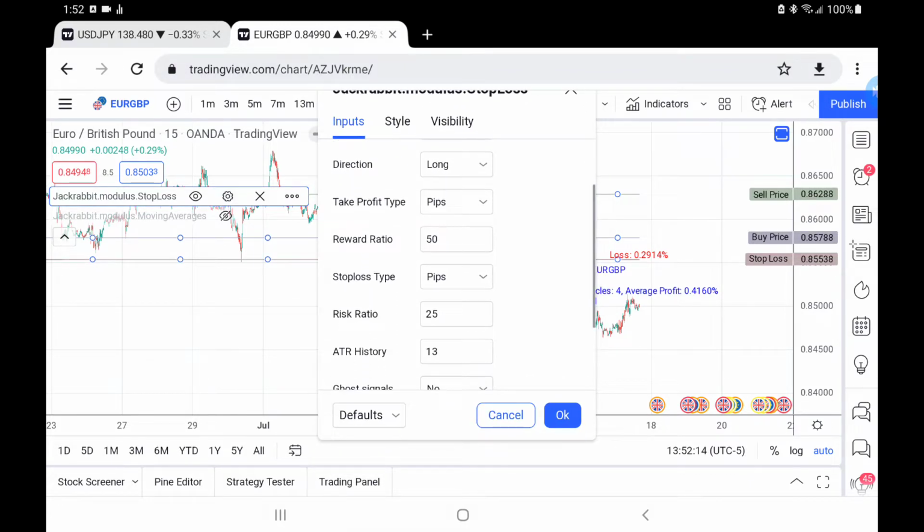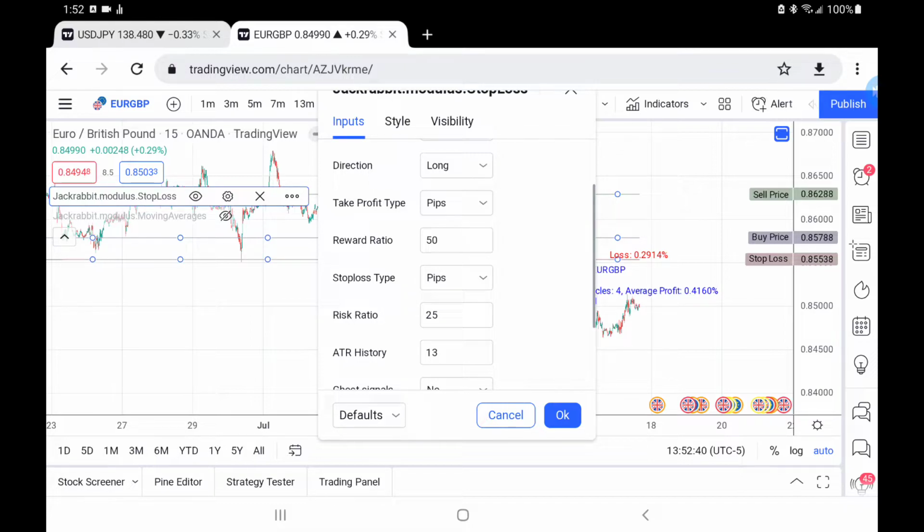Now, oftentimes you'll hear about 20 pips or 10 pips and you're good. Now, this is still a 2-to-1 reward to risk ratio. My stop loss is 25 pips below my entry price. My take profit is 50 pips above my entry price.